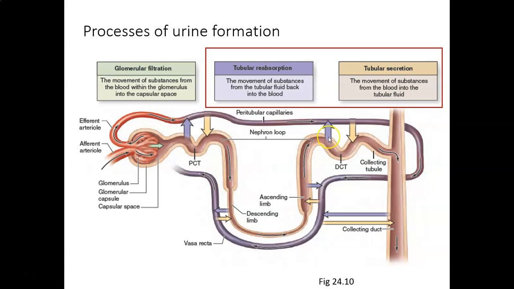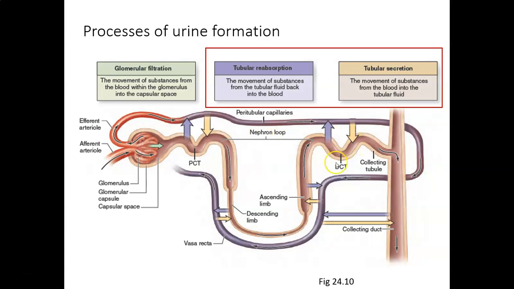Reabsorption involves substances, whether ions or nutrients, coming back to the blood from the fluid in the tubule. And for tubular secretion to happen, you have active movement of substances from the blood into the tubular fluid.